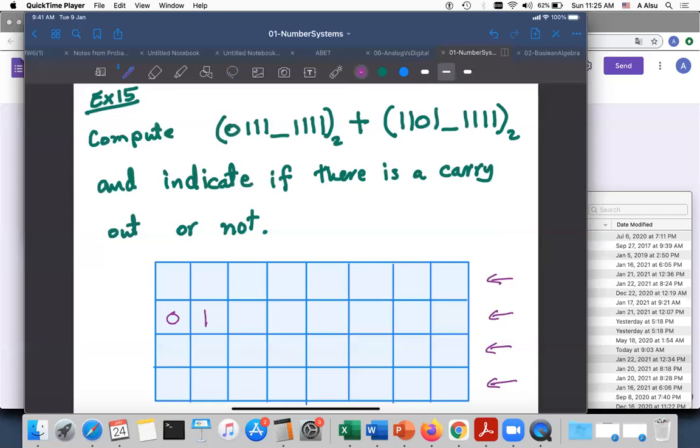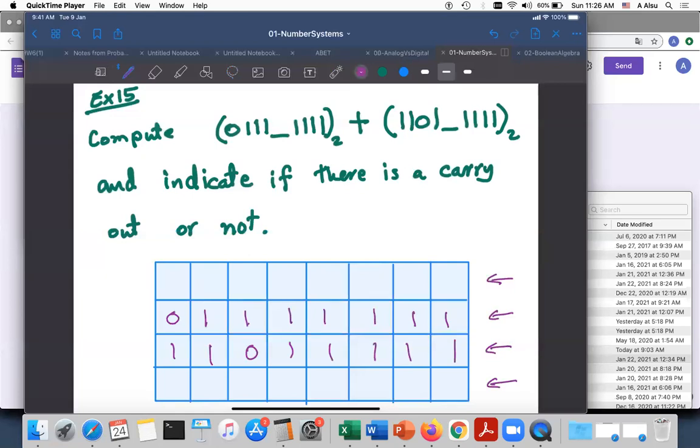It's going to be 0 1 1 1, 1 1 1 1. By the way, you don't have to draw a table in order to do the addition, but it makes your life easier because you can align the bits more easily. And then the second number is going to be 1 1 0 1, and then 1 1 1 1. So now we do the addition.